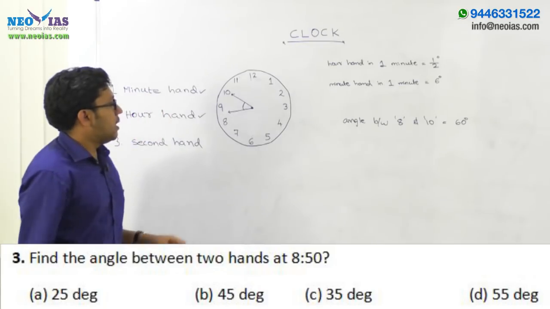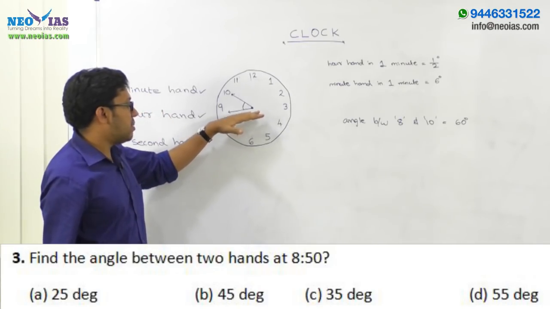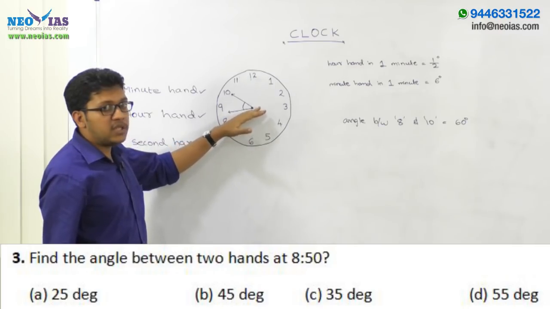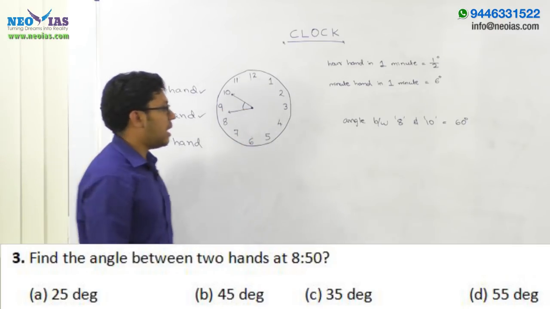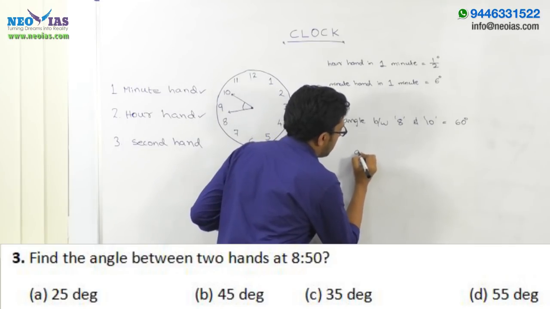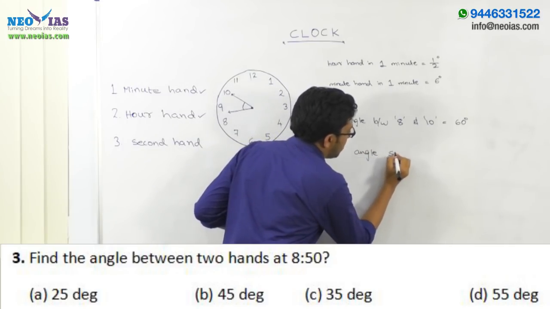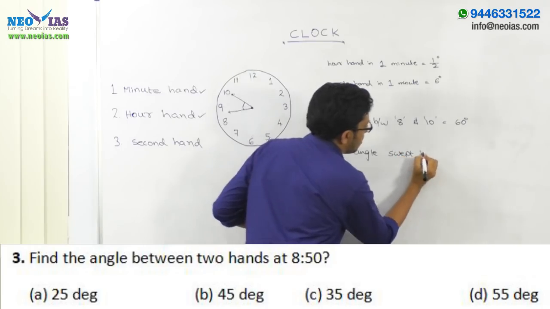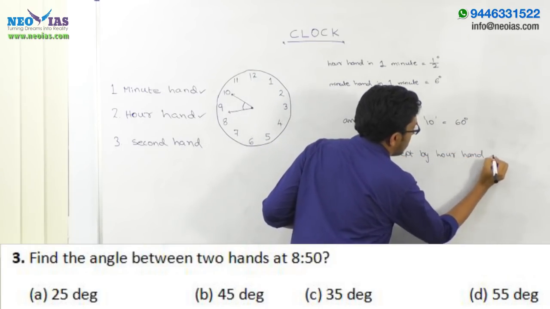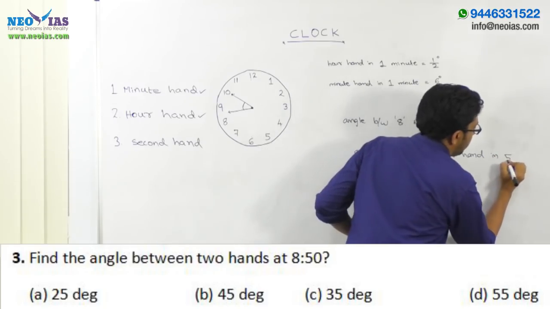Okay. Then we need to find out the angle swept by the hour hand between 8 o'clock and 8:50. What is the angle swept by the hour hand in 50 minutes?